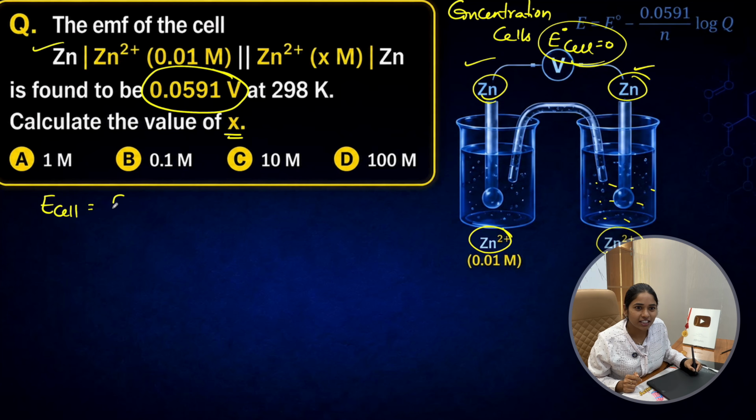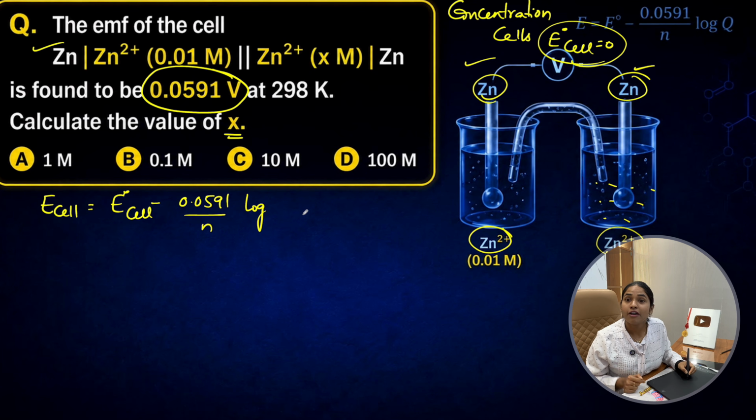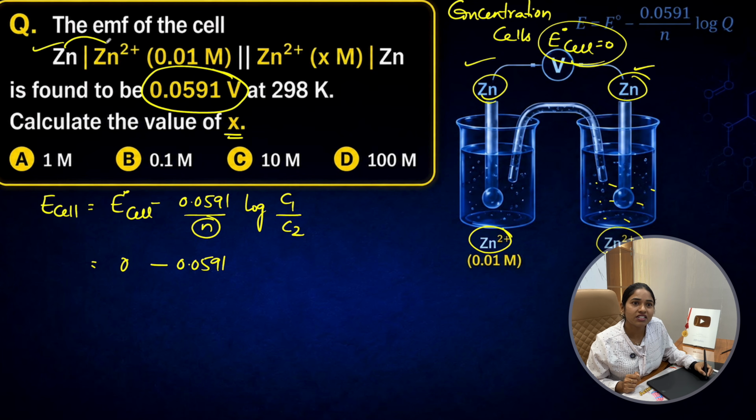E cell is equal to E0 cell minus 0.0591 by n log of, for a concentration cell, what is the formula? C1 by C2. Then E0 cell value 0 minus 0.0591 by number of electrons transferring.